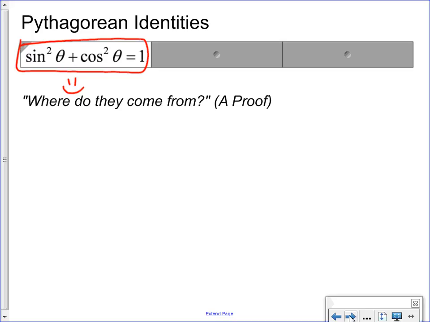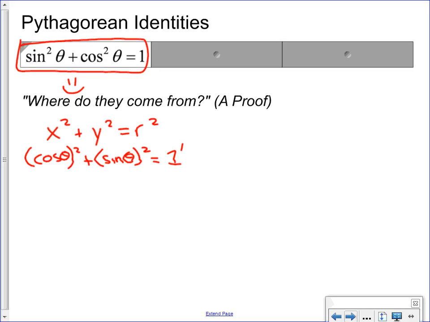Again, with the proof: we know that x squared plus y squared has to equal r squared, true? And again, x is the cosine, so basically they're saying cosine squared plus sine squared equals r squared. R is always 1 on the unit circle.